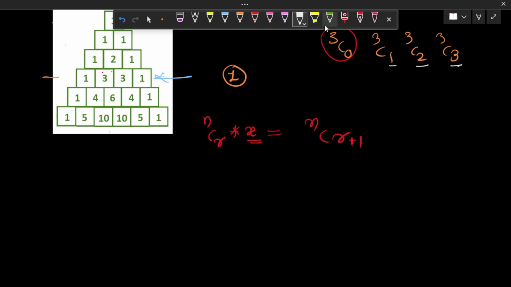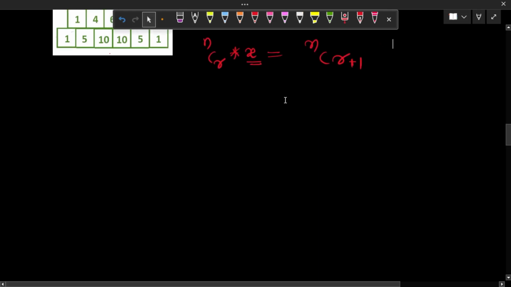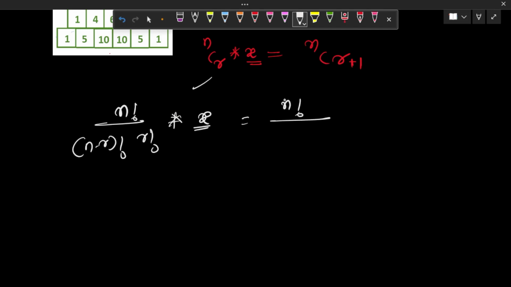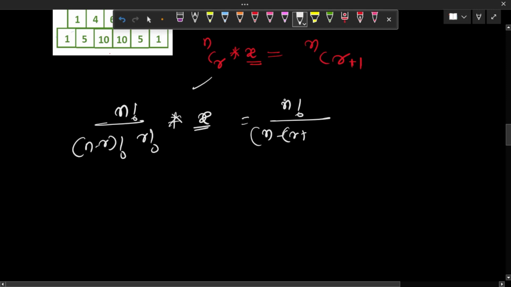I know the first term of the binomial coefficient, and I have to calculate the rth term. So we calculate that x. How? We know nCr is equal to n factorial upon n minus r factorial multiplied by r factorial, and nCr plus 1 is equal to nCr multiplied by x. I have to calculate x, which is n factorial upon n minus r minus 1 factorial multiplied by r plus 1 factorial.